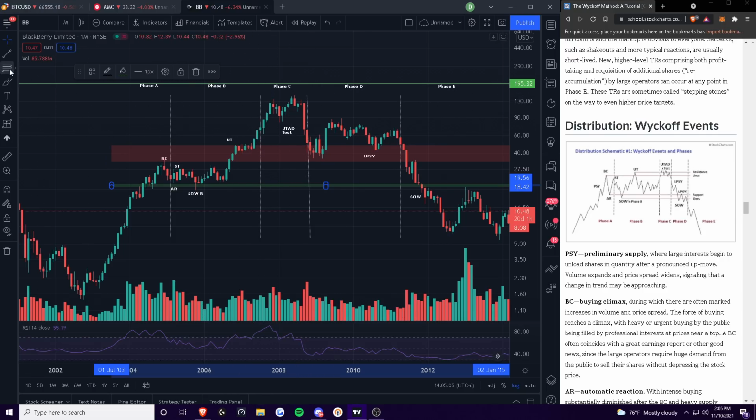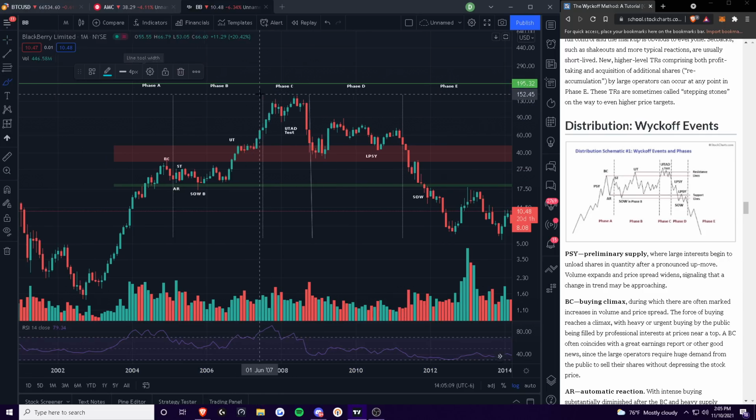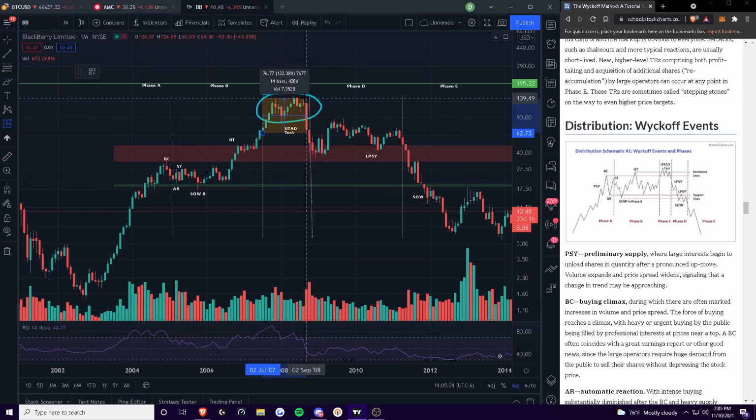And this is probably, I mean, I wasn't paying attention to the stock market, I was in high school, but this part of the chart, everybody probably thought that Blackberry was going to go up forever at this point. I don't know what the news would have been at this time, what the catalyst would have been, but this is a significant portion of time. I mean, this is over a year here in this region of the chart.